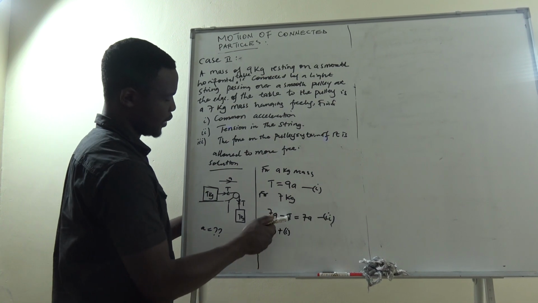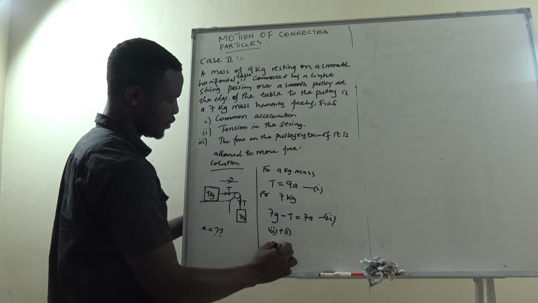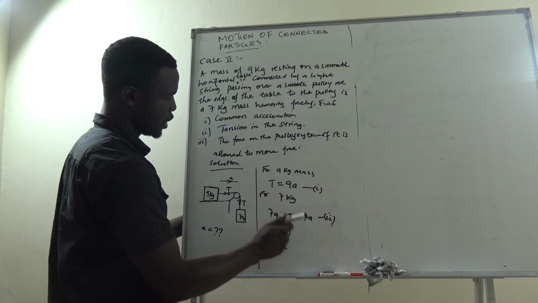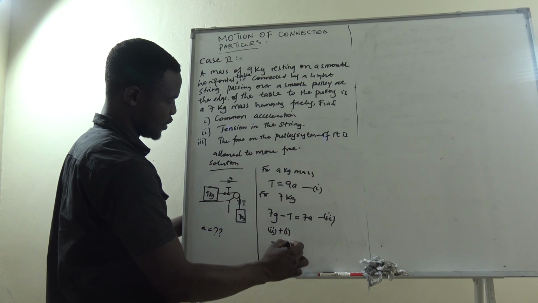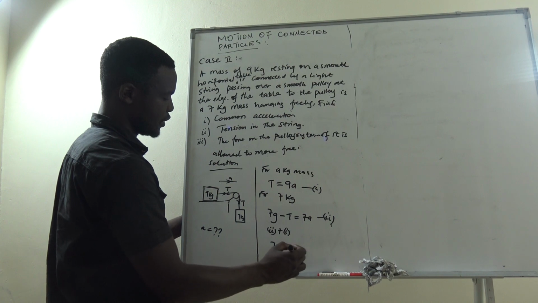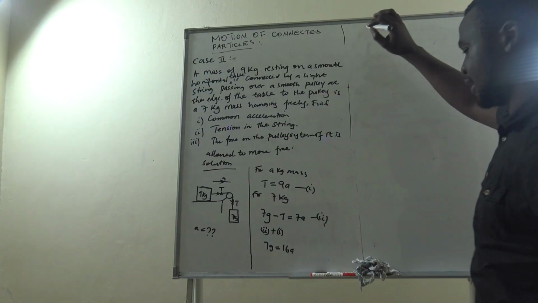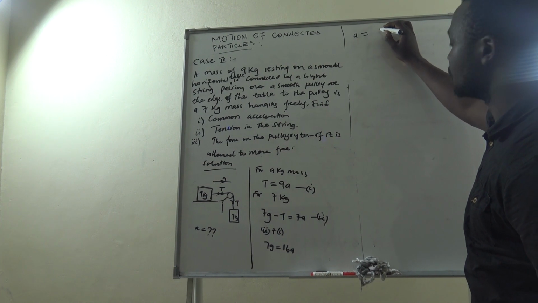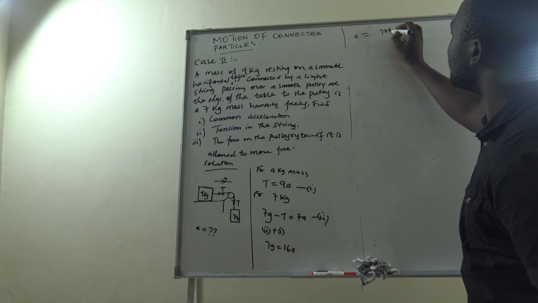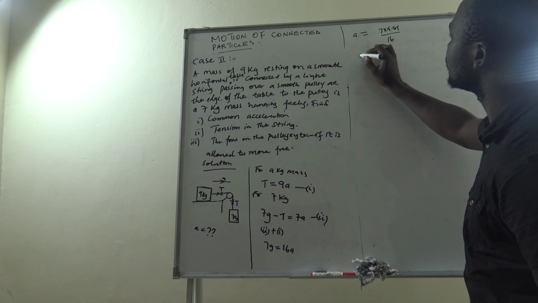Now when we are adding them, this collapses with that, and we are left with 7g is equal to 9a plus 7a, we get 16a, which tells us that a is equal to 7 times 9.81 over 16.